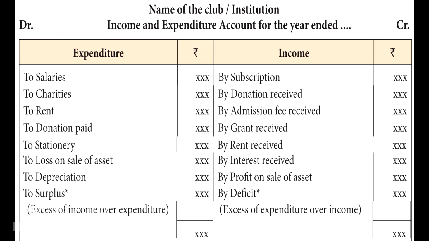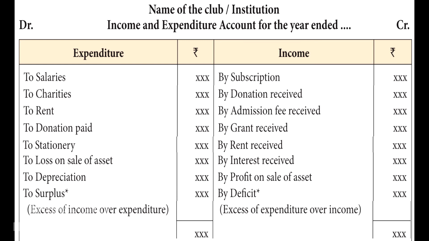Next, watch the screen again. To salaries, salaries is a revenue expenditure. To charities, to rent, to donation paid, to stationery, to loss on sale of asset, to depreciation, to surplus.